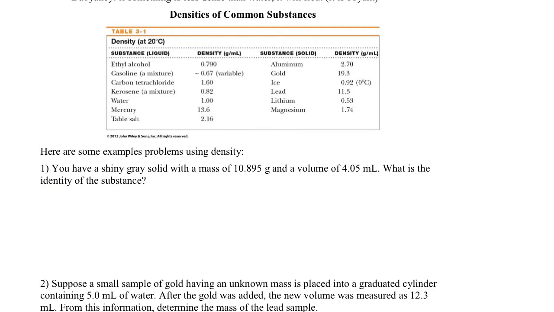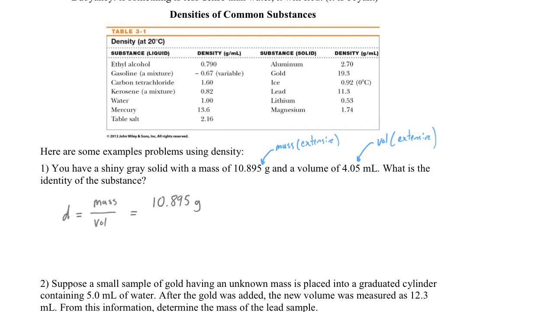Notice that mass and volume are not intensive properties. They're extensive properties, and we can't use the mass or the volume alone to help us identify what this stuff is. If we use the mass together with the volume, however, we can determine the density and therefore identify what stuff we have. So let's go ahead and find the density. Remember, density is a mass divided by the volume.